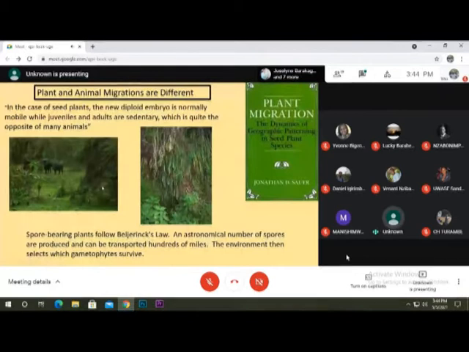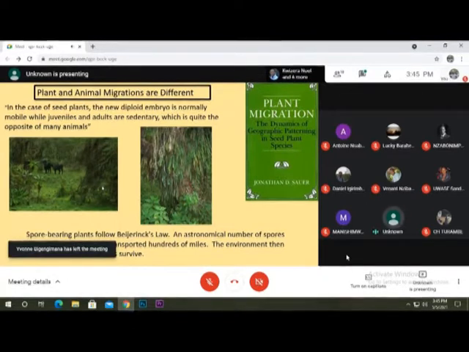And plant and animal migrations are really different. So if we're talking about a plant migrating, it's the pollen, it's the seed that migrates. But when you talk about animals, it's the adult that can migrate. So the adults are sedentary. The adults stay put, and it's the offspring that migrate.